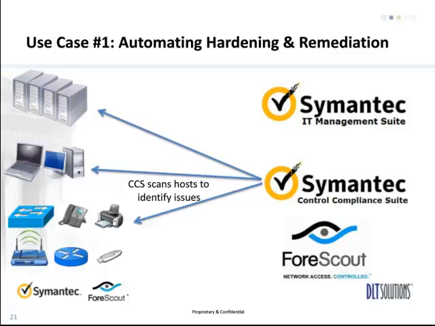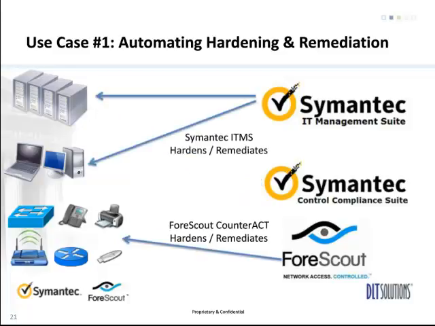From there, we can take action automatically. We can ingest that information from CCS and then invoke scripts, invoke automation actions against servers, workstations, and your more network and non-traditional devices to ensure that they're affected and fixed in an immediate fashion.